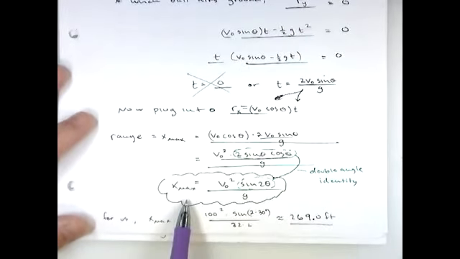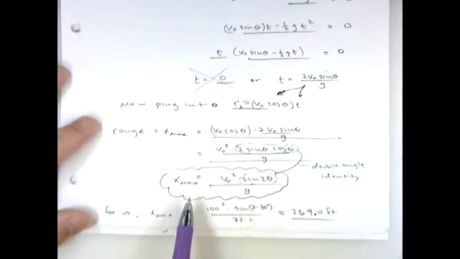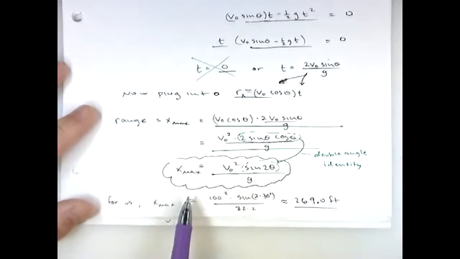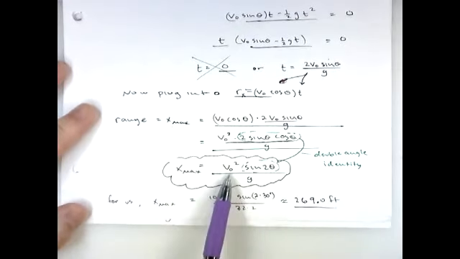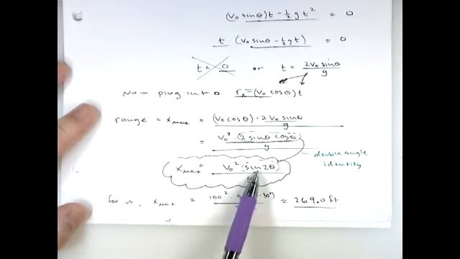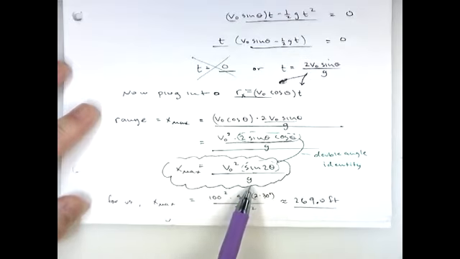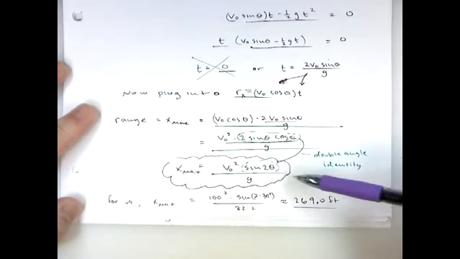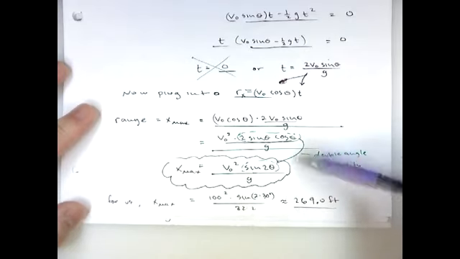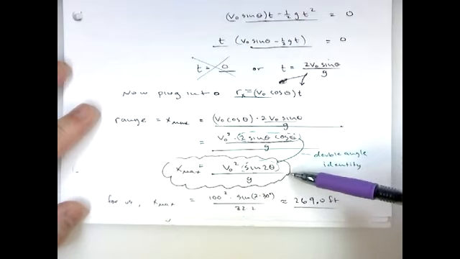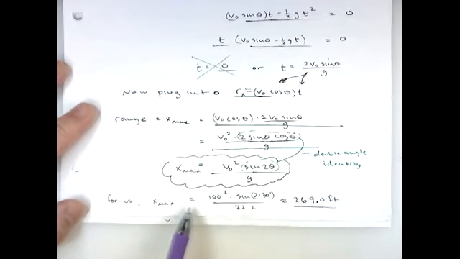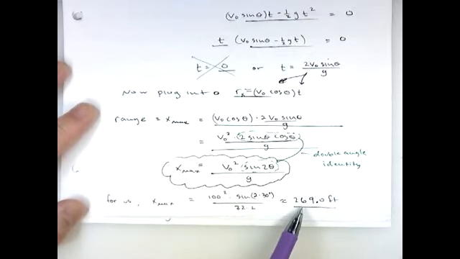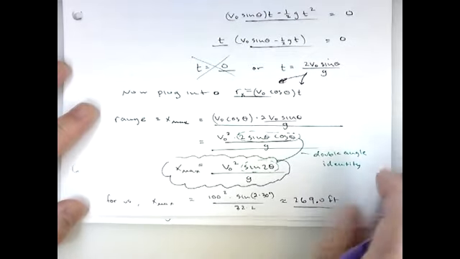So x max, the range of our projectile, the horizontal distance it will travel, is v naught squared times sine of 2 theta over g. Obviously, these formulas can be memorized. They could be derived. That's what I'm doing here. Using our numbers, looks like our maximum range is 269 feet.